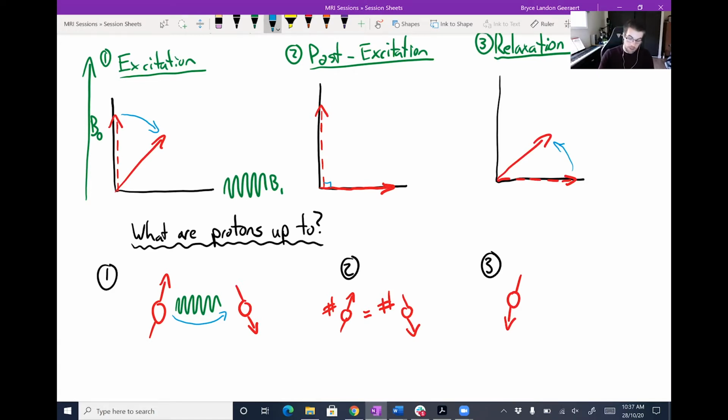So in the way that I'm describing it, some of these downward oriented protons will release their energy and return to the parallel state, right? So I'm just going to write down release, maybe energy.